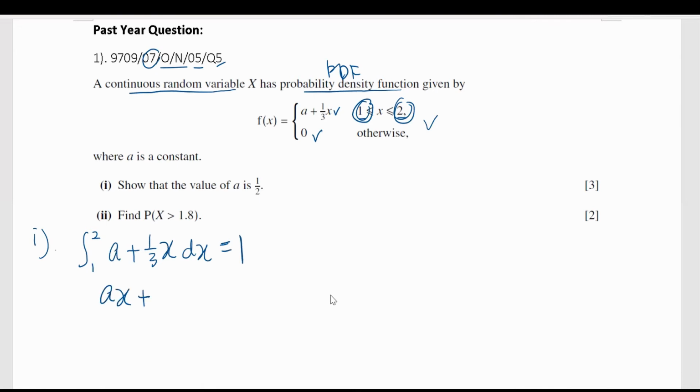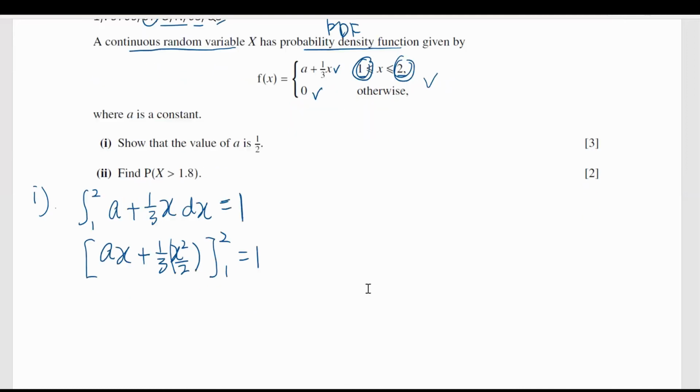Okay, so we start to integrate it. We've done the integration and we sub in the limits. So x is 2 to a.